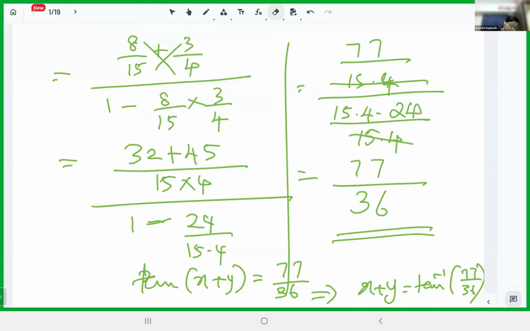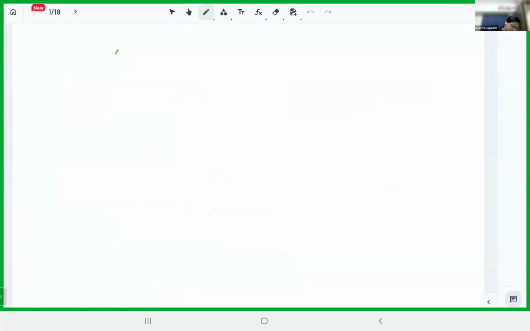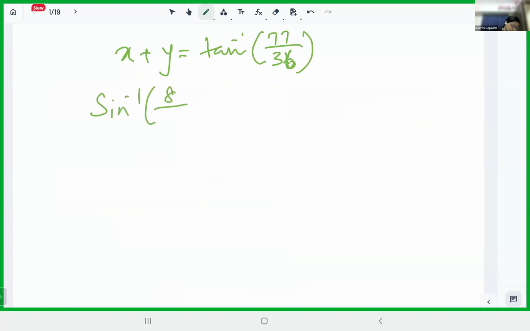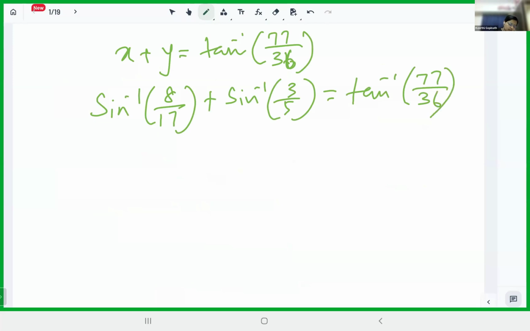We have substituted it, right? x was sine inverse of 8 by 17, and y was sine inverse of 3 by 5. So x plus y is equal to tan inverse of 77 by 36. So we started from LHS and we now got the RHS. So hence we have proved it.